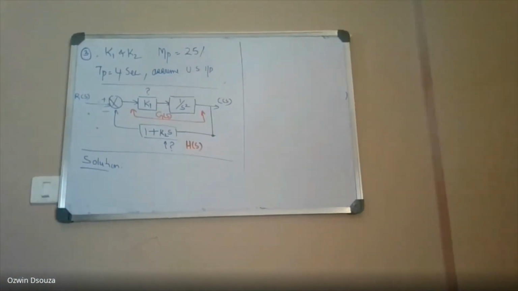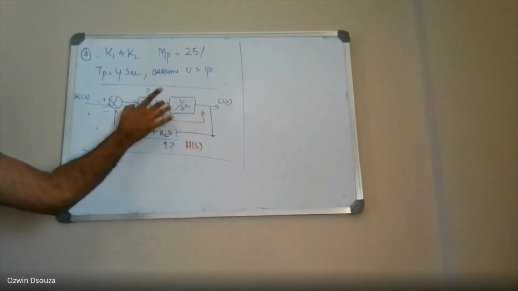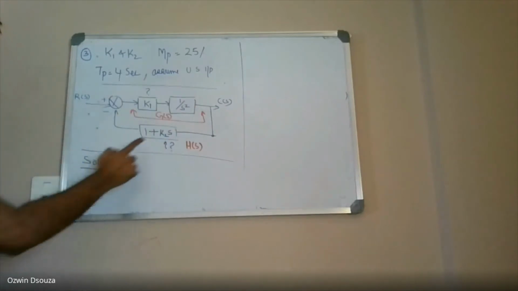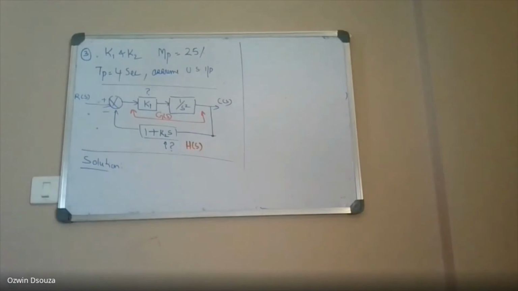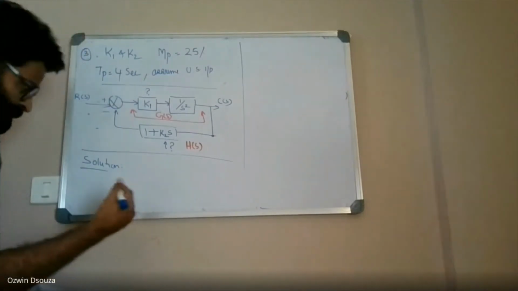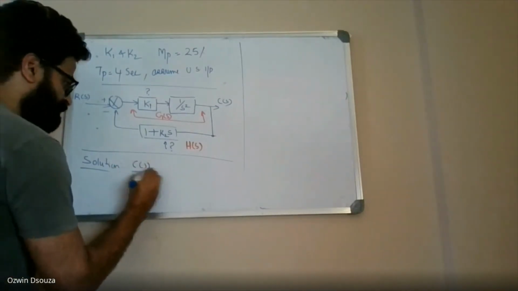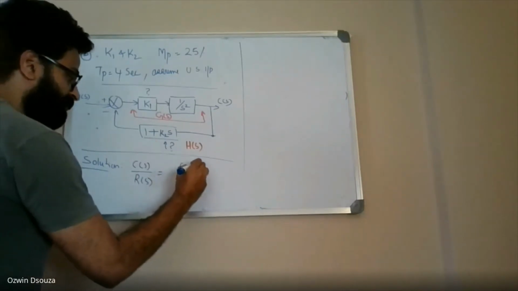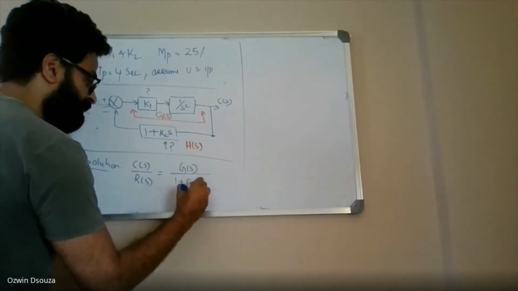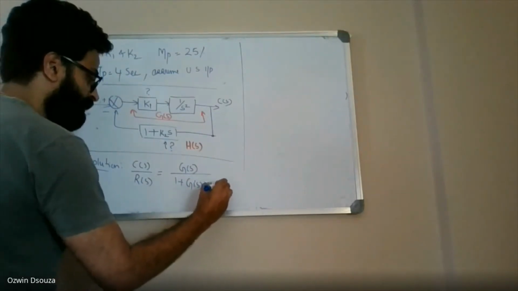I have g of s as the product of individual block gains and h of s as 1 plus k2s. So try finding c of s by r of s. C of s by r of s is equal to g of s divided by 1 plus g of s into h of s.